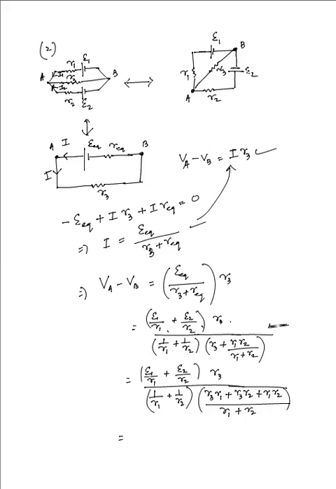Now in the numerator, what we have is E1 times R2 plus E2 times R1 divided by R1 multiplied with R2, that is the LCM part. R3 is there, it stays there.